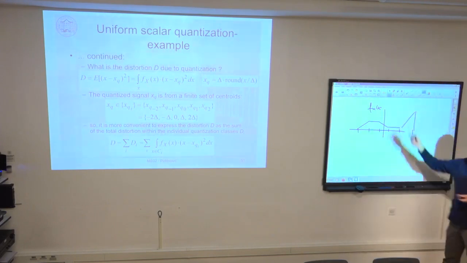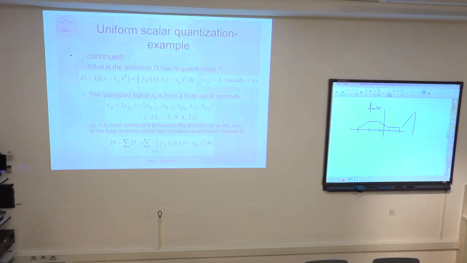So pieces are linear. In this case, you have to write the function for this part, and insert the corresponding function into the integral for the first class, the second class, compute the integral, and find the expected value of distortion. Okay, for this more complex example.